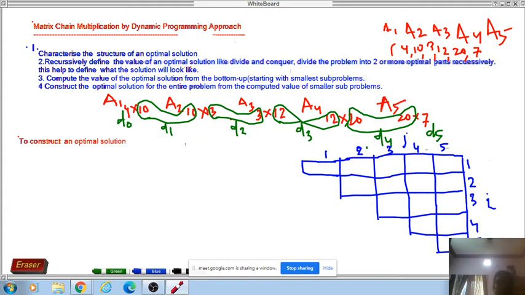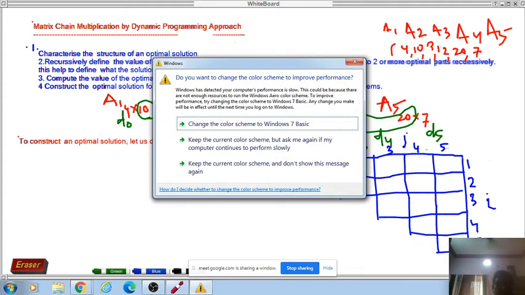Let us define S of i, j. That will be very easy, I'll show you.